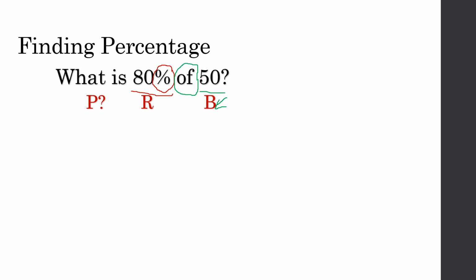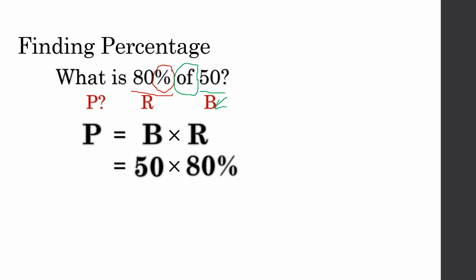The next step is to write the formula. In finding the percentage of a particular number, P is equals to base times the rate. Let us substitute. Base will be 50 times the rate na 80%. You cannot multiply at once. You have to change this or to convert this into decimal number.